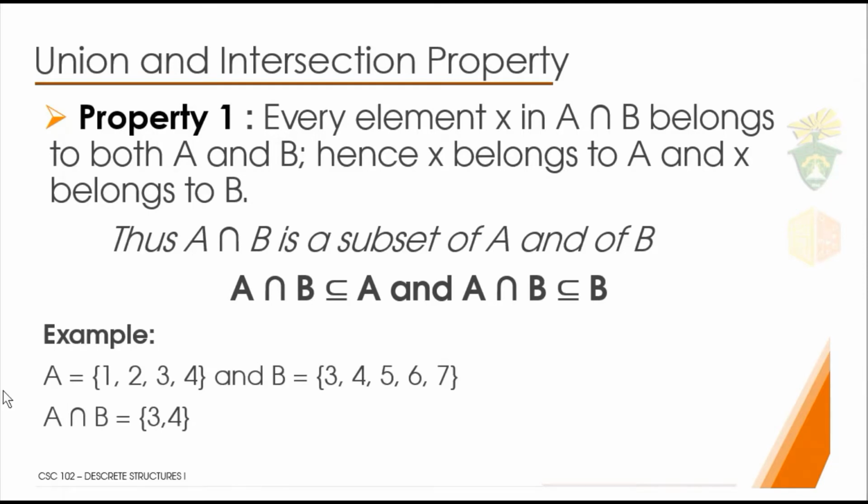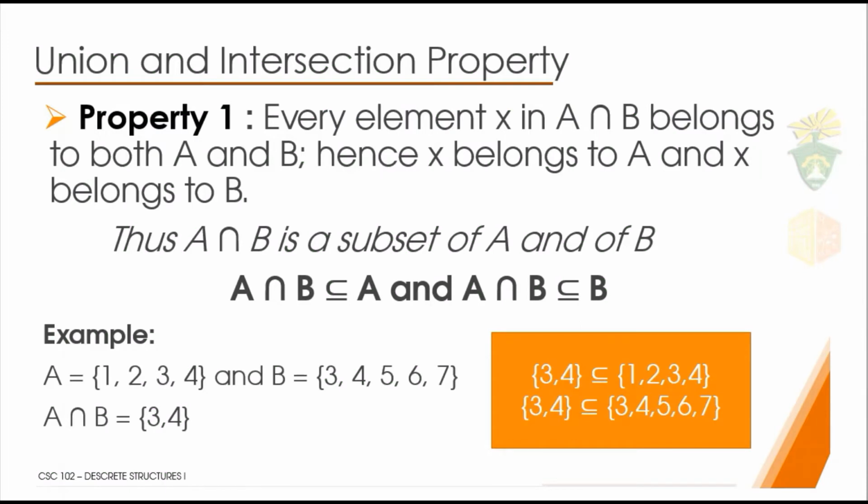Okay, so for example, we have a set A that contains 1, 2, 3, 4, and set B that contains 3, 4, 5, 6, and 7. So if we intersect these sets, we have the common elements 3 and 4, as you can see. Now, 3 and 4 is a subset of the set A. And 3 and 4 is also a subset of set B, since again 3 and 4 is common to both sets.